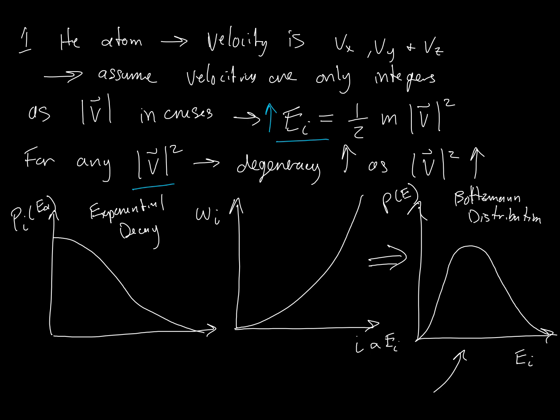The high energy particles have a lot of different ways that they can have that energy distributed in Vx, Vy, and Vz velocities, but the higher energy the particle is, the lower the probability it's going to exist. Right? So the mean or most likely velocity of a gas molecule isn't necessarily going to be the highest energy state or the lowest energy state, for example. It's going to be some balance between the number of ways you can configure the system and the energy of that particular configuration.